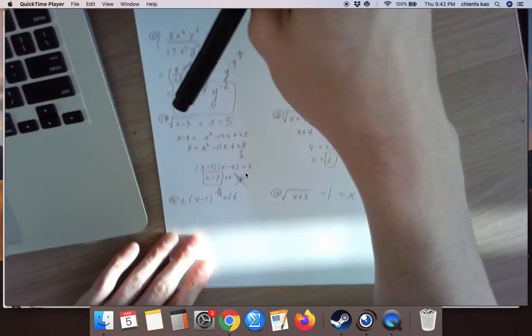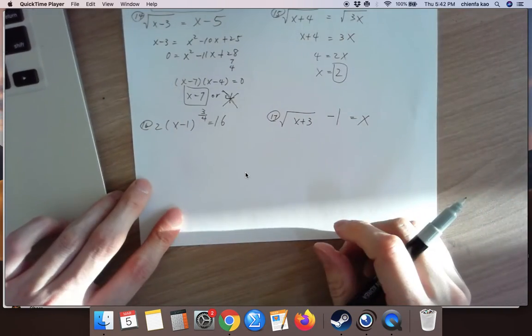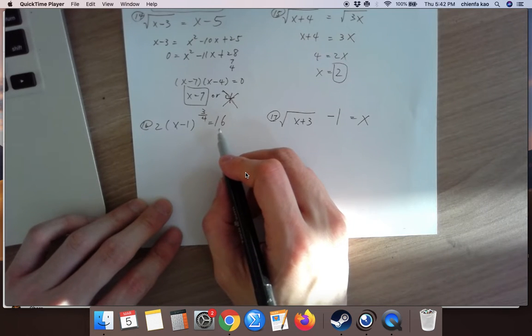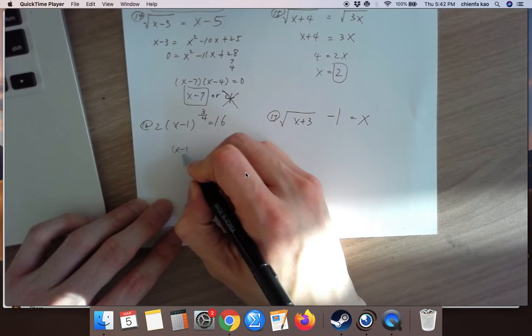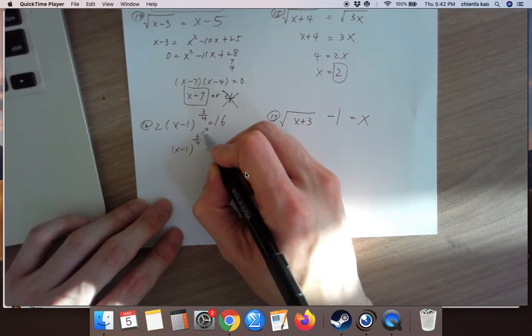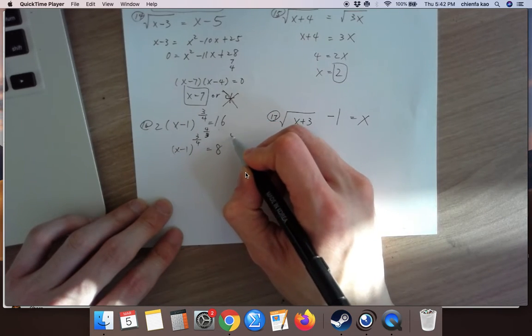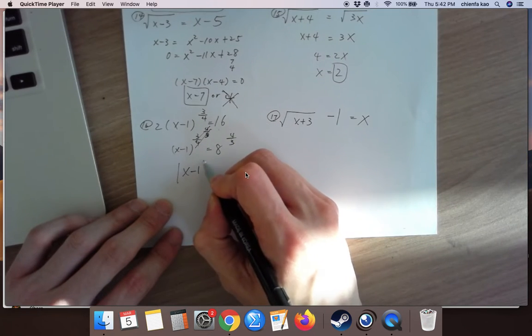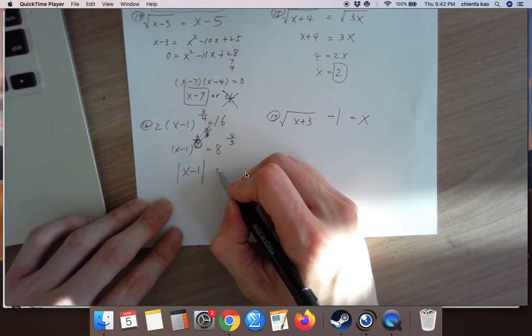All right, let's do 16 and 17. Okay, this one divided by 2, it's easier for me. Make sure you add the absolute value. This is an even number.